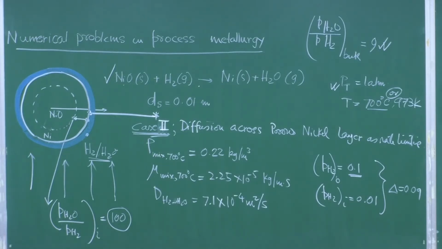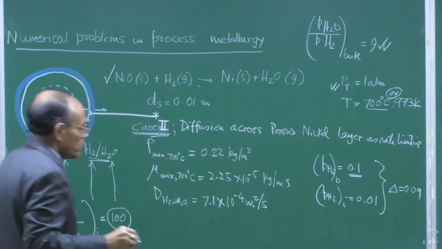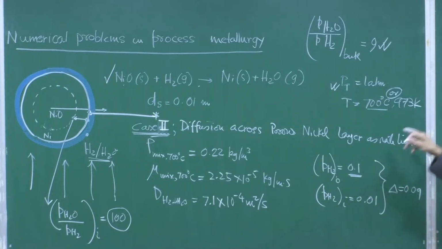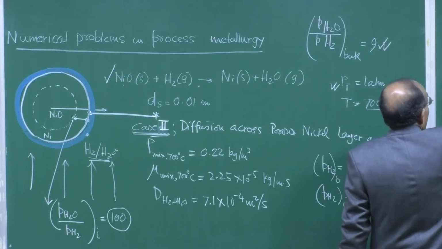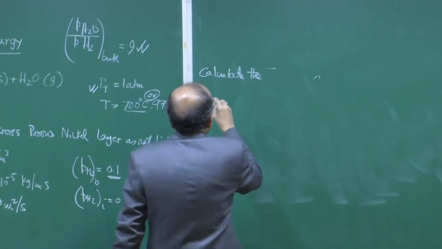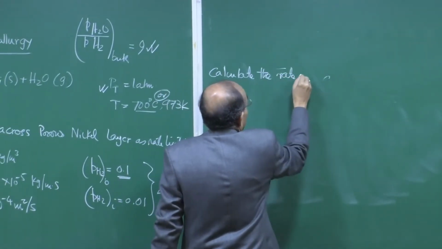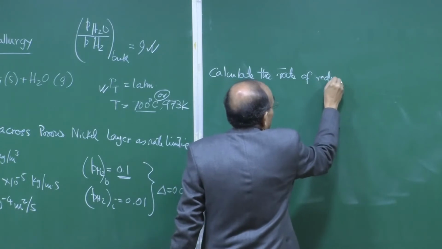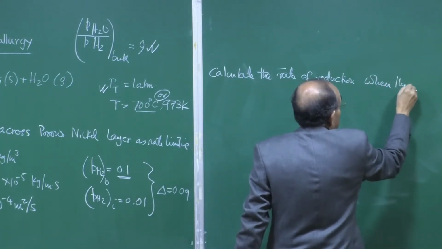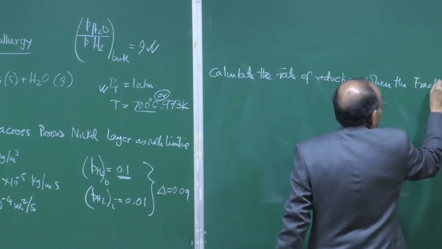So, therefore, we have to specify the problem. All the data remains the same, whatever I have provided, but I am now asking: with this kinetic step as the rate limiting step, calculate the rate of reduction when the fraction transformed is 0.5.